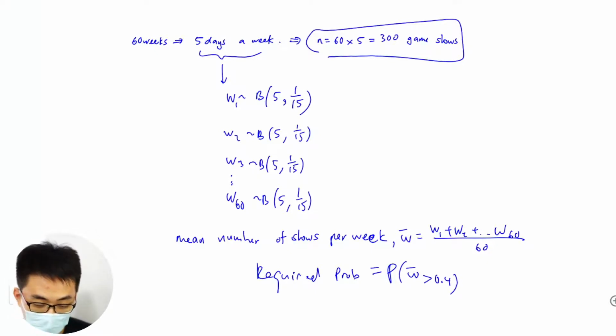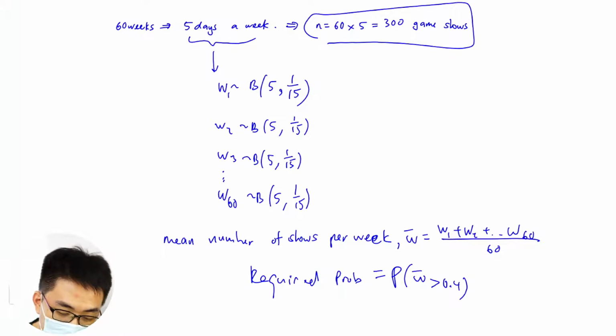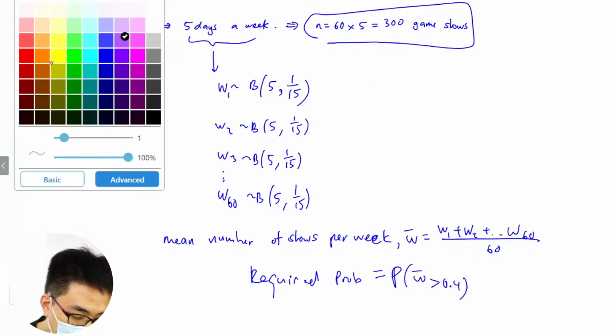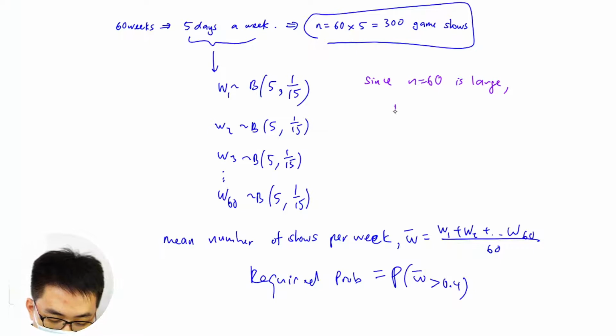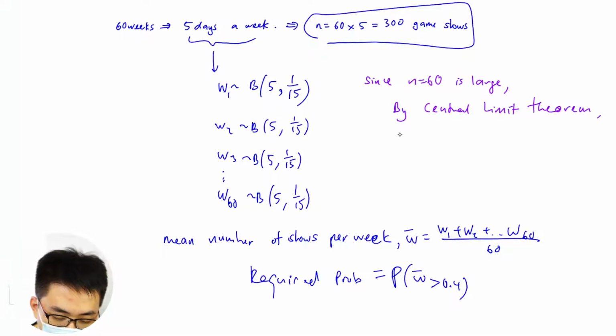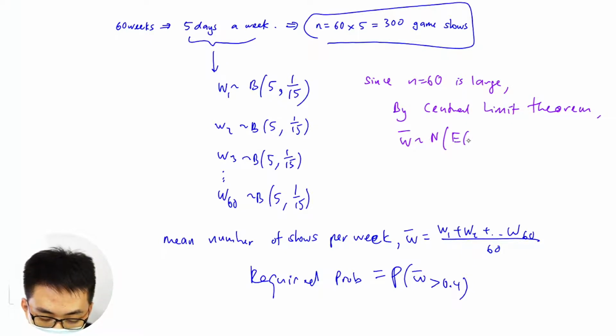Since n equals 60 is large, by the central limit theorem, bar W will be normally distributed with mean E(W) and variance Var(W) over 60.